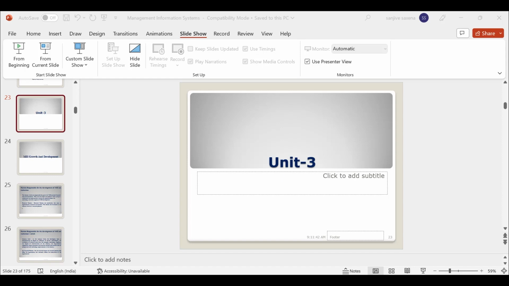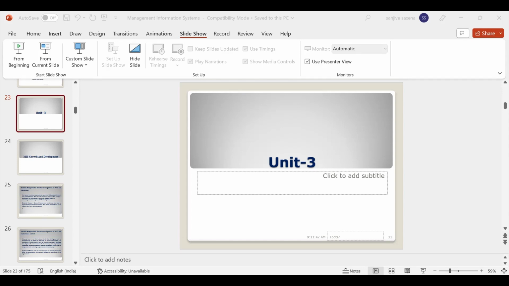By MIS growth and development, it is meant how MIS has come to dominate a standing position in the process of making decisions for the organization. Growth means once it is conceptualized and formulated into a system, how it has grown up and how it is going to take that place.